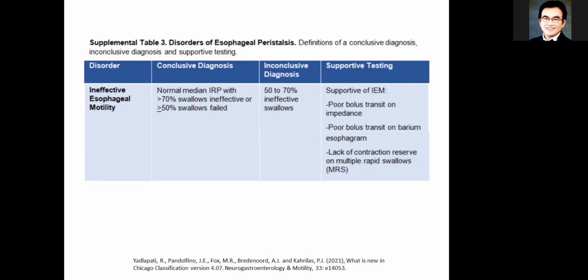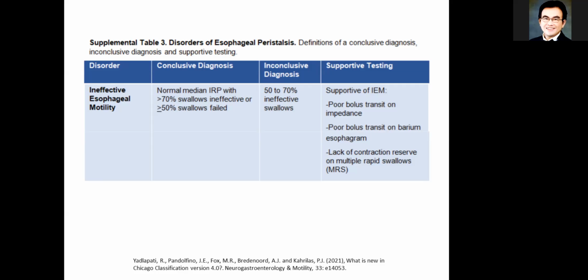If your unit's catheter has impedance built in, then we can use bolus transit to help us. So this is something that again, having impedance on your catheter means a more expensive probe, right? But then it will provide you some useful information. And again, in Chicago 4, they only mention supportive testing.